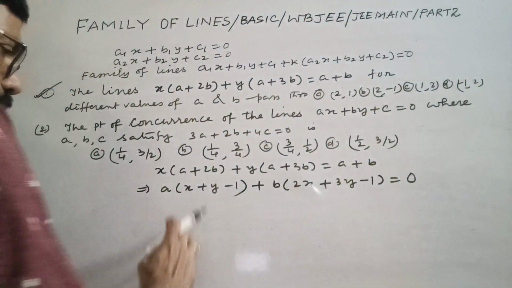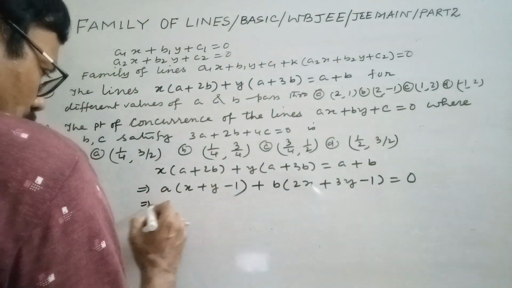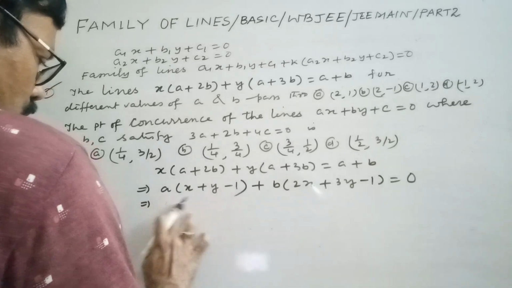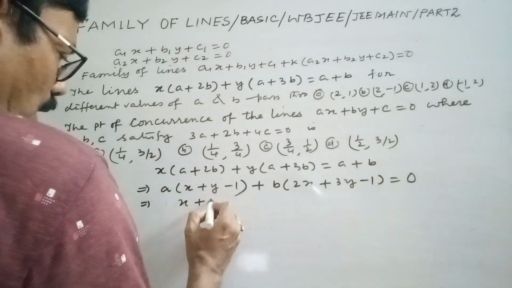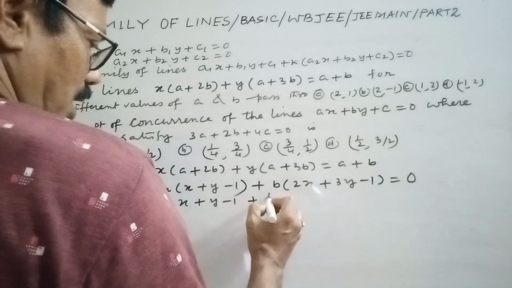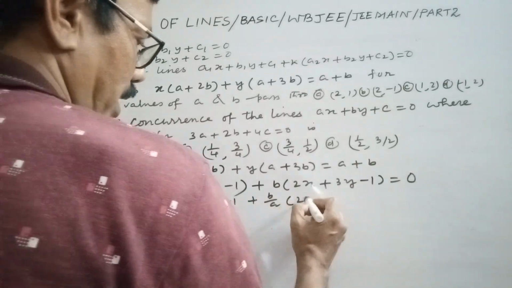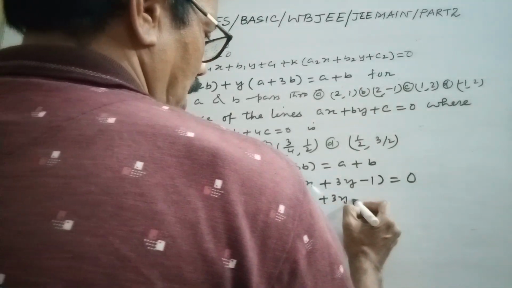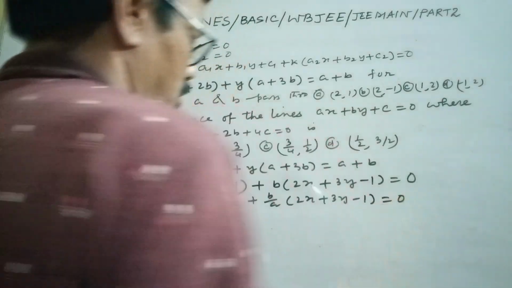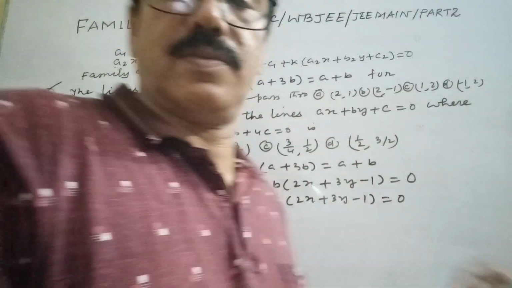Now if we divide it by a, it will be x plus y minus 1 plus b by a into (2x plus 3y minus 1) equals 0. We are getting this equation.